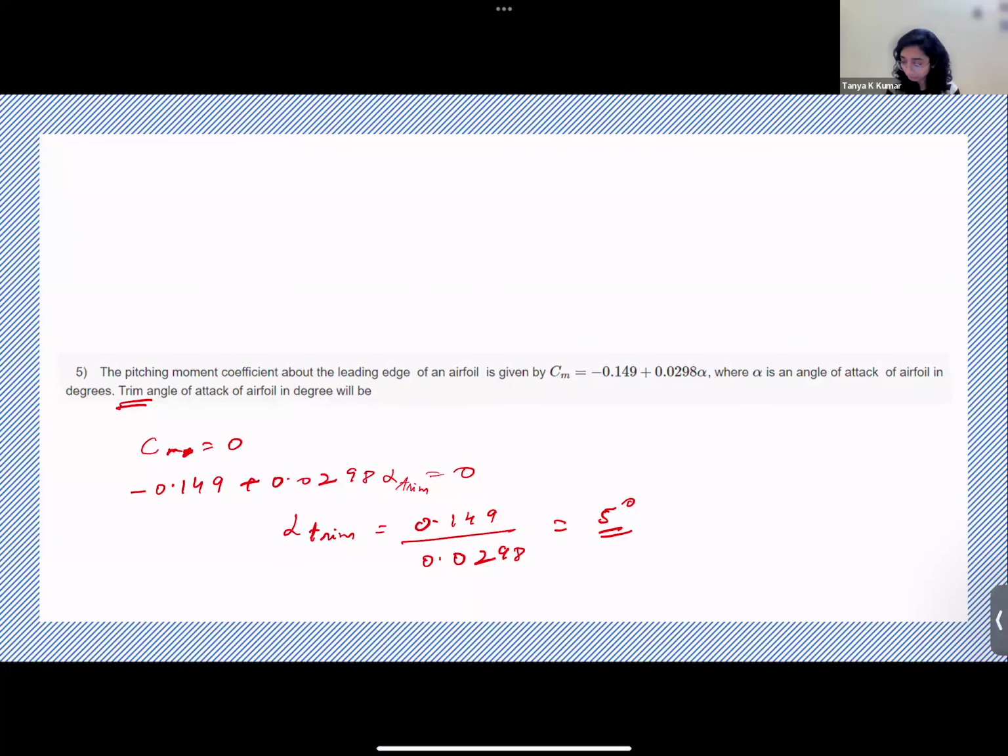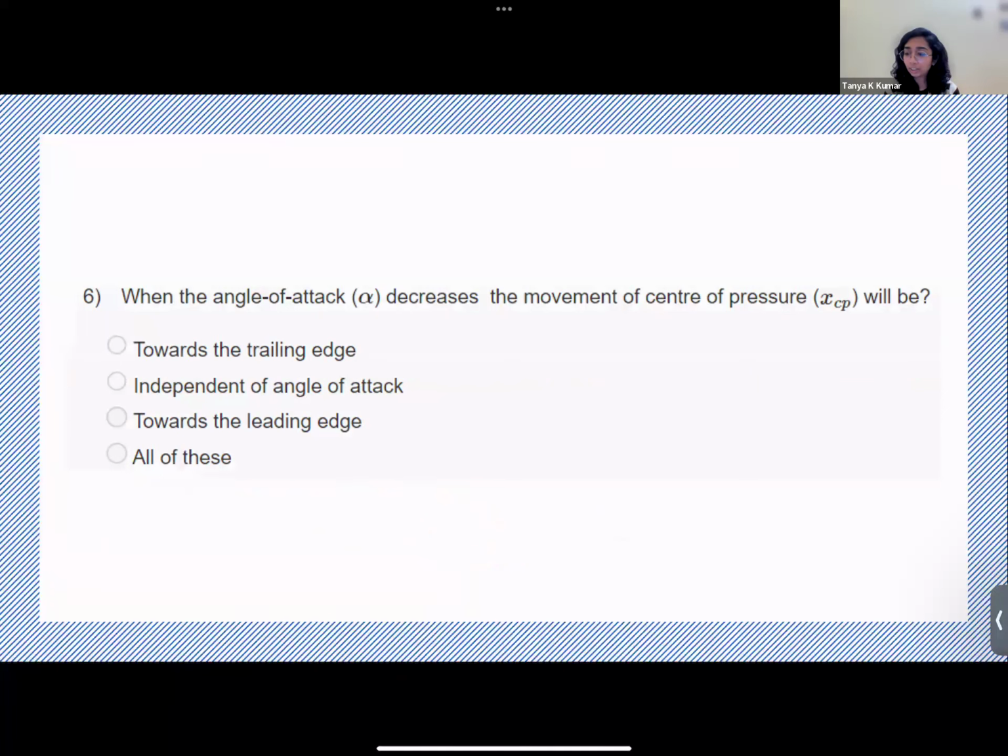Okay, let's go to the next question. When the angle of attack decreases, the movement of the center of pressure will be?